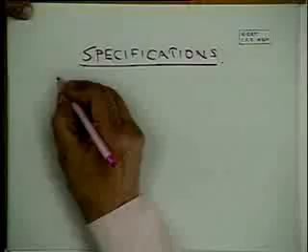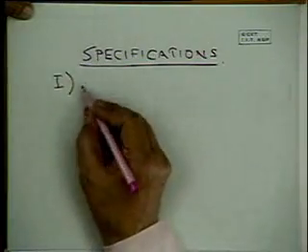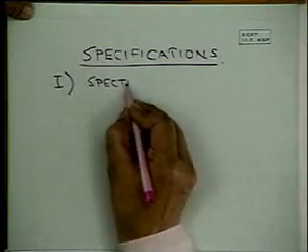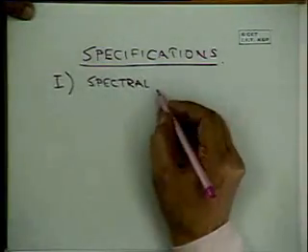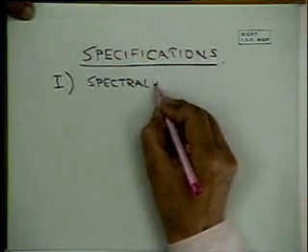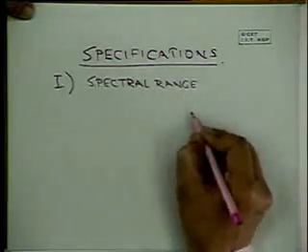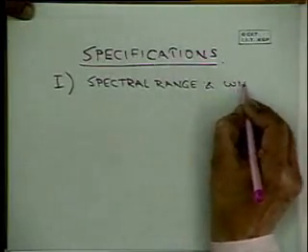As you know, electromagnetic radiation spans a huge wavelength region. In this, for photodetectors, we obviously have to specify what is the spectral range and the width.